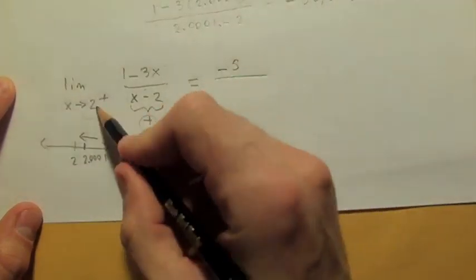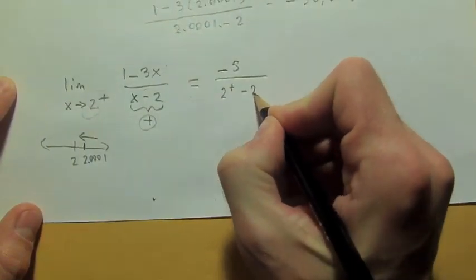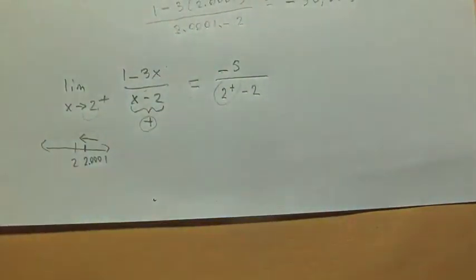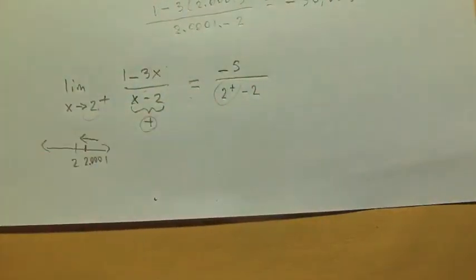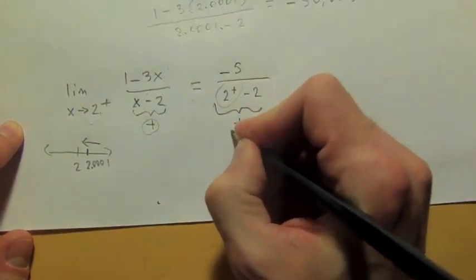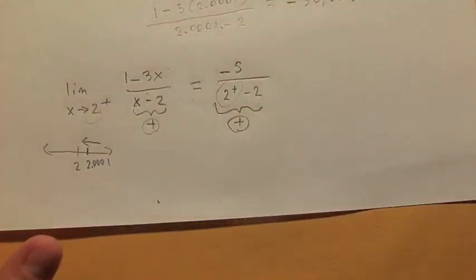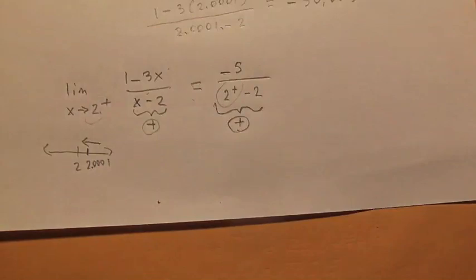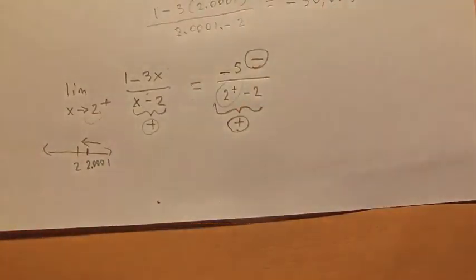In fact, if I just plug in the 2 with the 2 plus, I kind of like to do that because this tells me that it's something like 2.001, meaning that this piece is positive. That's what I really need to know. So no matter what my x's are, I'm getting closer and closer to 2, obviously, with x. But this piece up here is negative.